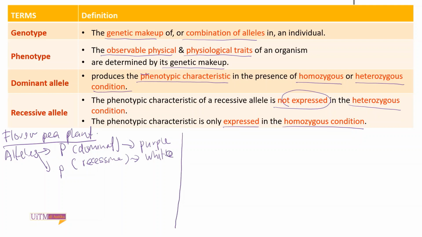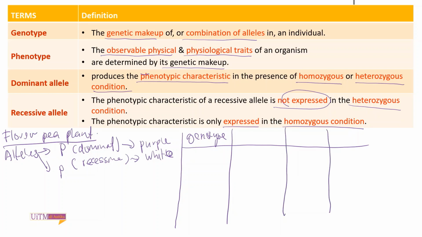So for the plant, you can have three types of genotype: capital P capital P, capital P small p, and small p small p. The phenotype expressed for the first genotype will be purple flower. The second also produces purple flower, and the third produces white flower.